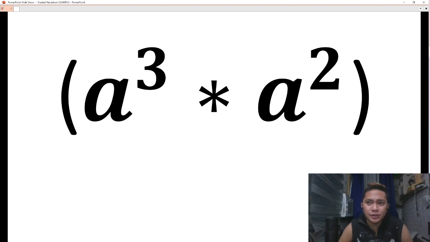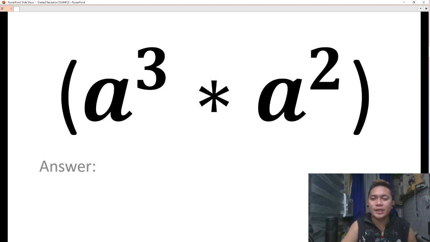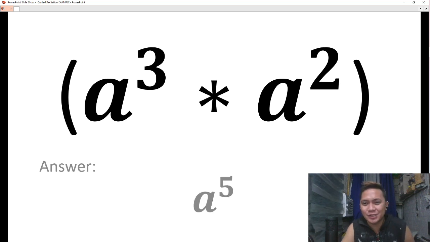So sa addition or subtraction, we cannot combine the variables if they are not the same. But here in multiplication, we must combine. Okay, so now the answer, time's up. A cubed times a squared, that is a raised to 5. Sir, paano po naging a raised to 5?